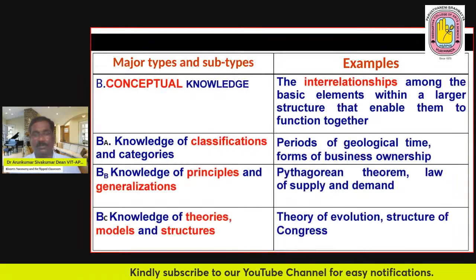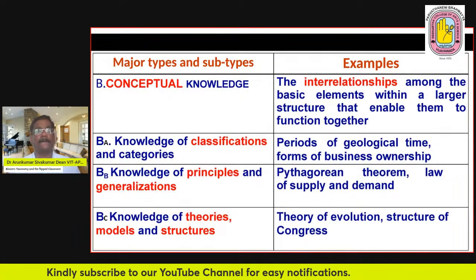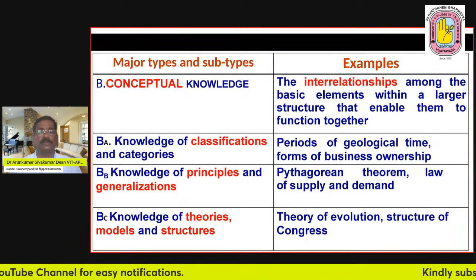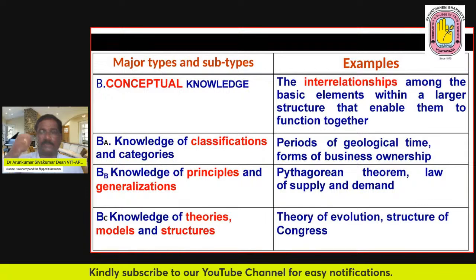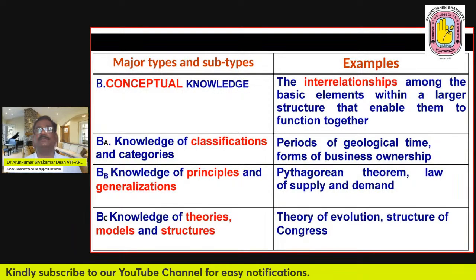Next level we talk about conceptual knowledge. What are the three types of classification? Principles and generalizations, theories, models, and structures. These are conceptual knowledge. Correct?